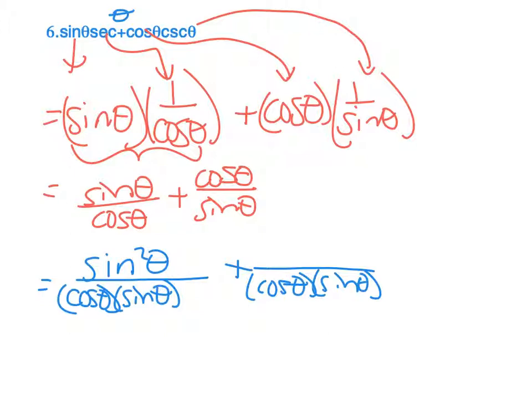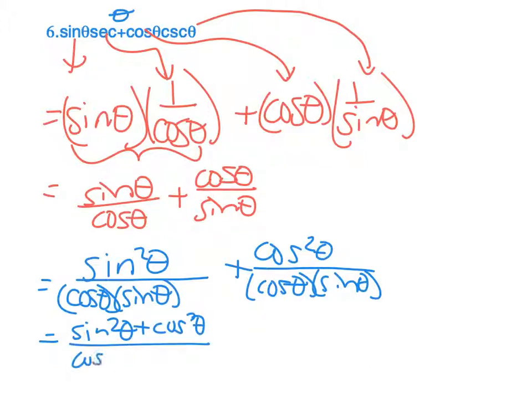Sine times sine is sine squared. The new thing in my denominator here is a cosine. So if I multiply the denominator by cosine, I need to multiply the numerator by cosine, which gives me cosine squared. And when you put them together, you get sine squared theta plus cosine squared theta over cosine theta sine theta.